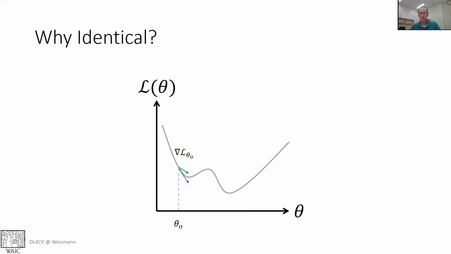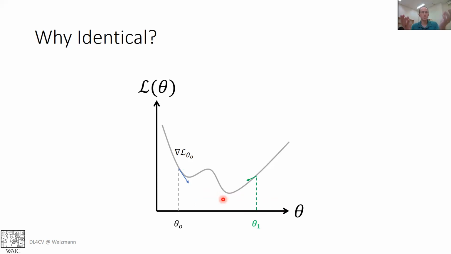However, if we do not have identical copies, so basically we have one copy on one GPU and another copy on a different GPU, then the gradients estimated by the other device would be completely different. And we'll make steps in completely different ways.